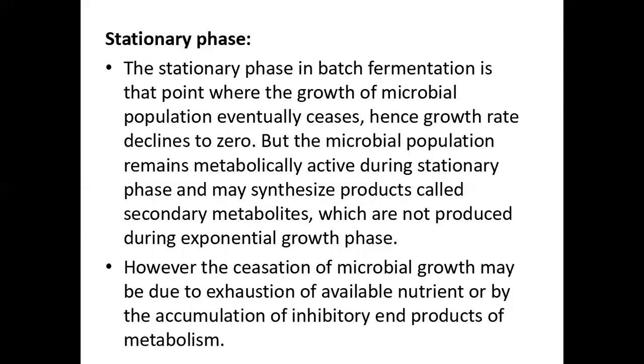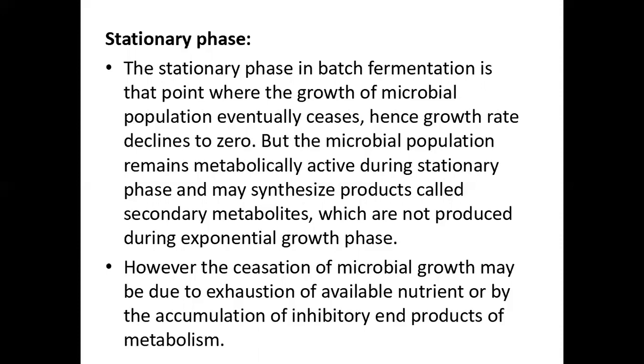Here in this phase, the growth of microbes eventually ceases, meaning it stops. Hence, the growth rate declines to zero, but the microbial population remains metabolically active during stationary phase and may synthesize products called secondary metabolites, which are not produced during exponential phase.